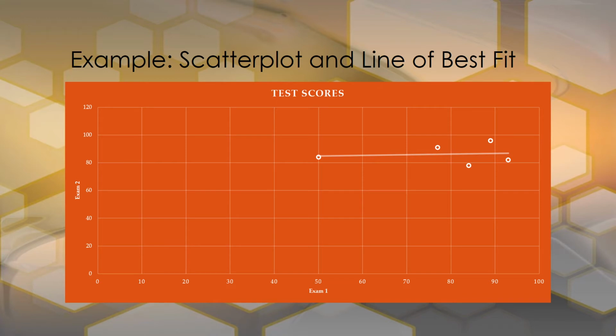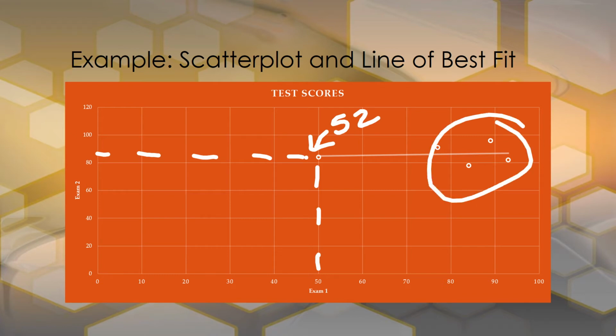So here's a scatter plot of the data. It has each of the 5 students. You can see there's 5 points, so there's a point for each student. For example, student 2 is this point. And they had a 50 on the first test and an 84 on the second test. So their point goes here. Okay? Then there's the other 4 students over here.